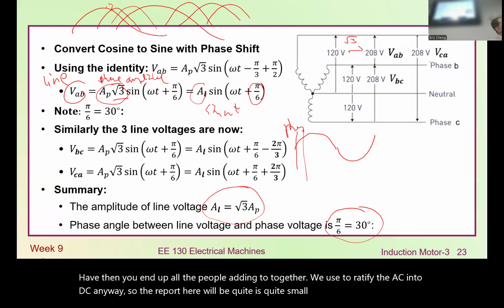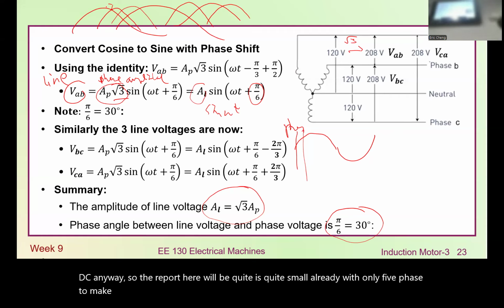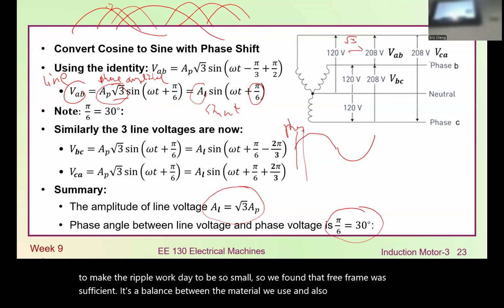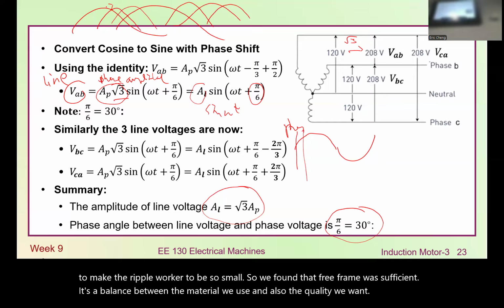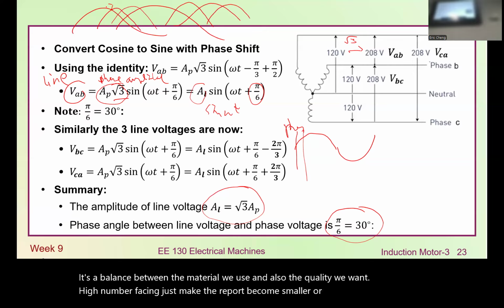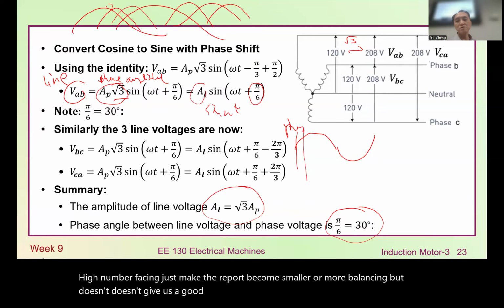We don't need 5-phase to make the ripple voltage so small. So we found that 3-phase will be sufficient. It's a balance between the material we use and the quality we want. A higher number of phases just makes the ripple smaller or more balanced, but that doesn't give us a good return when we compare the material used.